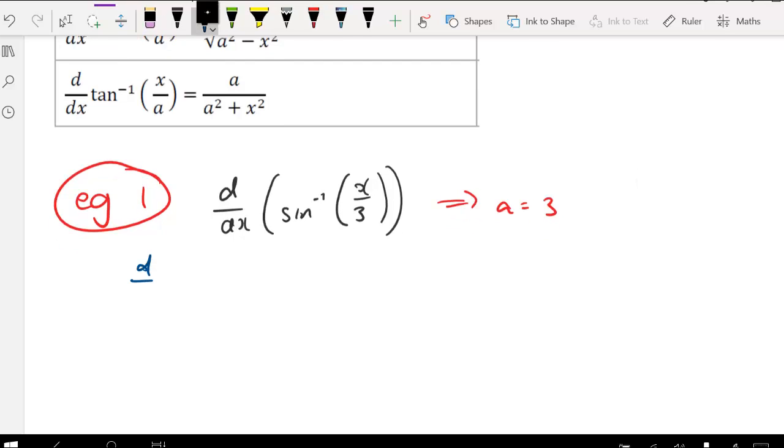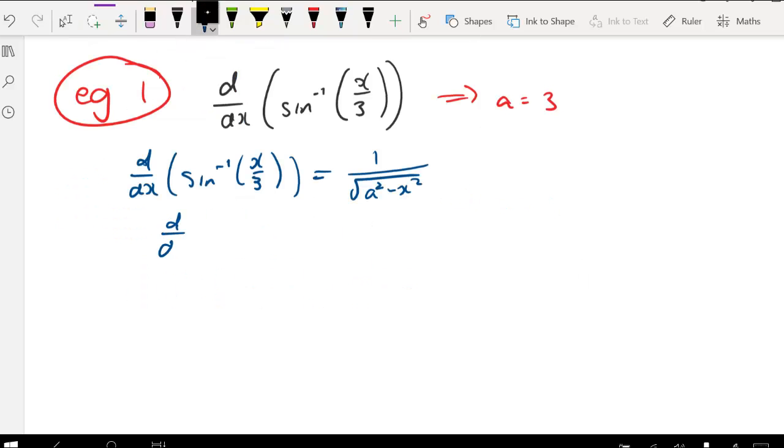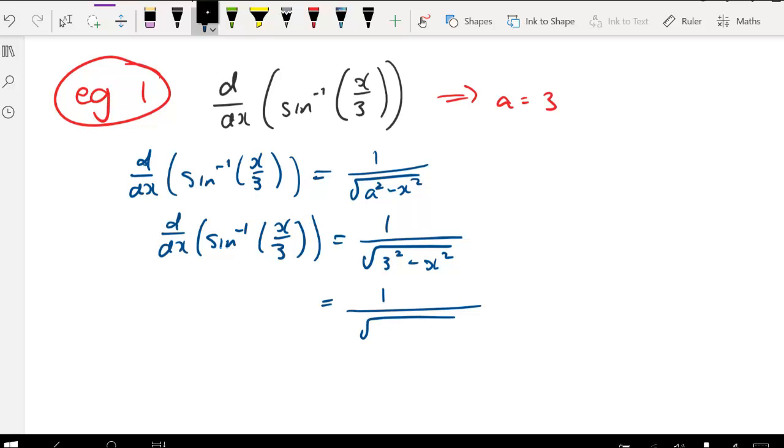Using our derivative, where d/dx of arcsine x on a is equal to 1 over the square root of a squared subtract x squared, the derivative of arcsine x on 3 will simply be 1 on the square root of 3 squared take x squared, or 1 on the square root of 9 take x squared. Alright, so nice and simple. It's all about using this standard rule where a is equal to 3.